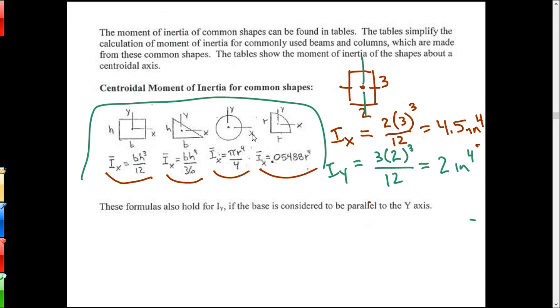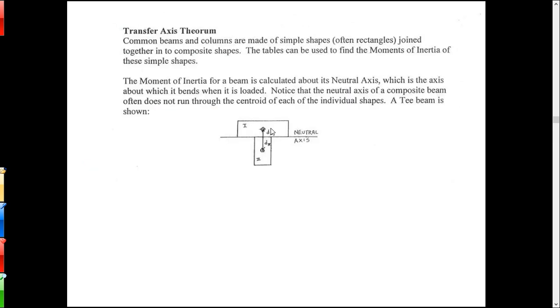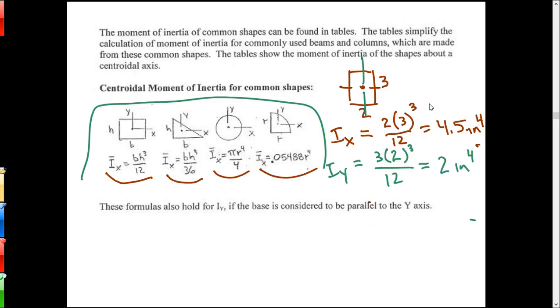Now, what we're going to get into, and maybe we'll have time tomorrow, we do have homework due Wednesday, we'll cover it tomorrow, of course. But if we have time, we'll get more into this moment of inertia. We're going to look at when you start building composite shapes. So if you have a T-beam like that, you're going to run into a little trouble with these tables because the tables give you only the centroidal moment of inertia. Obviously, they can't give you every possible moment of inertia. So what you get off the tables are the centroidal moment of inertia.